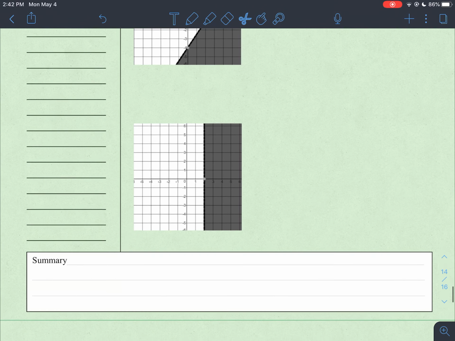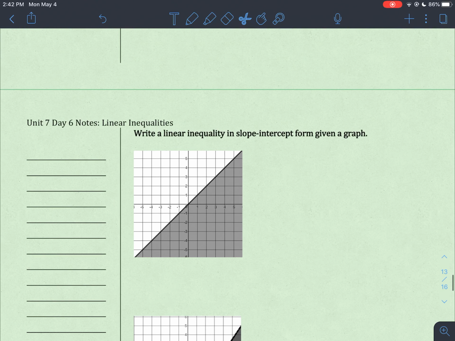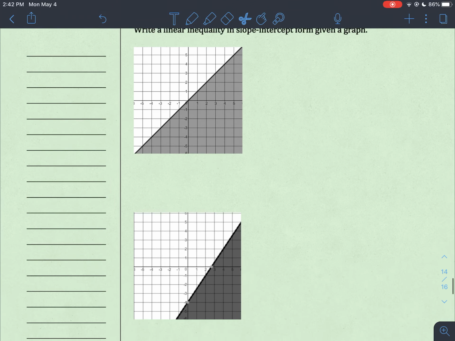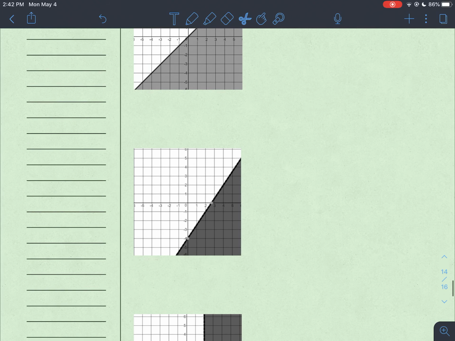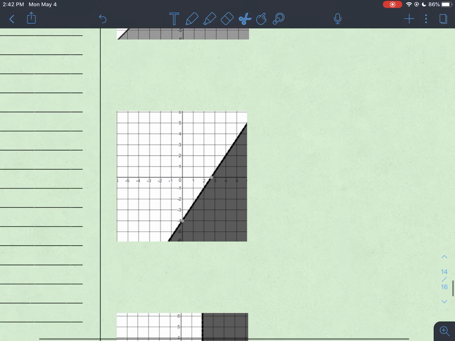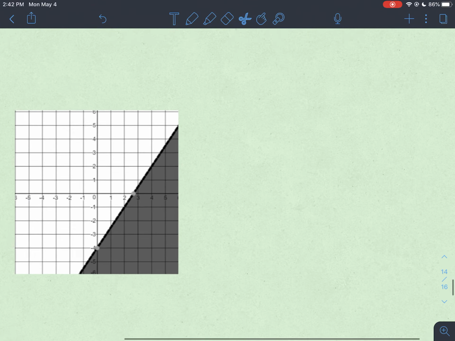Last piece of the puzzle here, say you're given an inequality situation where you have the graph and you need to write it in slope-intercept form. You can go ahead and do that using everything you know about this. Let's do this one.